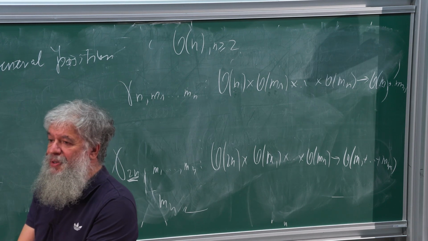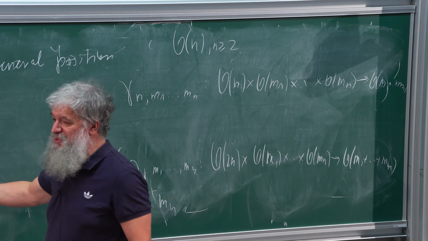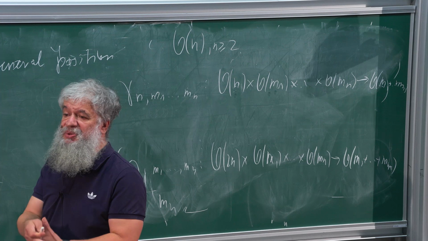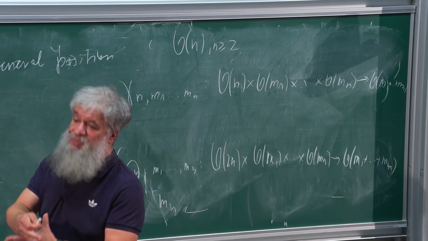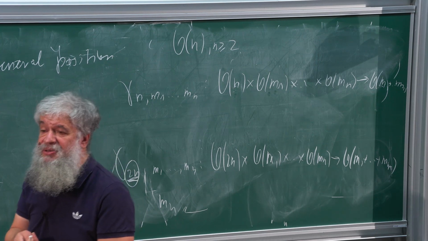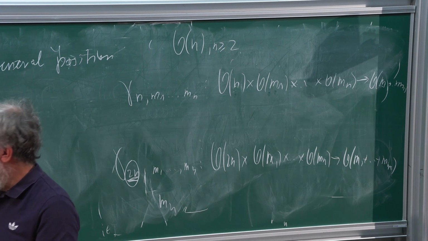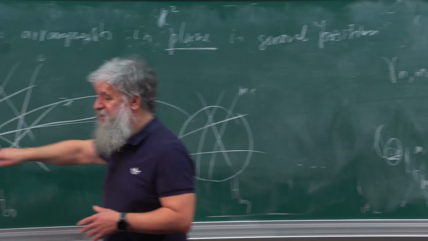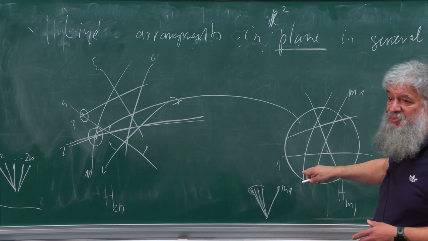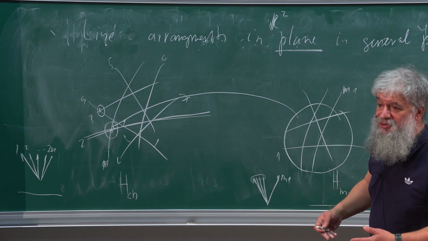Sorry, where you have 2m and 2n. And in each place, you need to replace a pair. You have to replace a pair by something which is a pair plus something, or at least a pair. So just take the intersection of 2. Therefore, a plane arrangement of lines has to have at least 2.